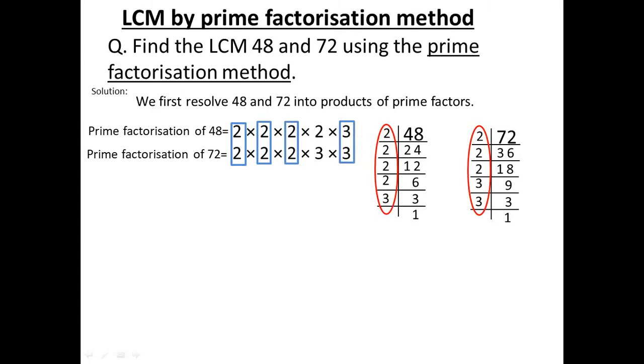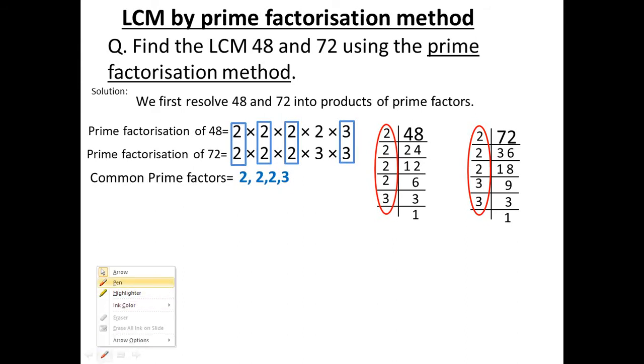Now we will write all the common factors, right? So the common prime factors are 2, right? So 2 is common in both. Out of these 2's, we need to take only 1. Okay, we need to take the common factor only once.